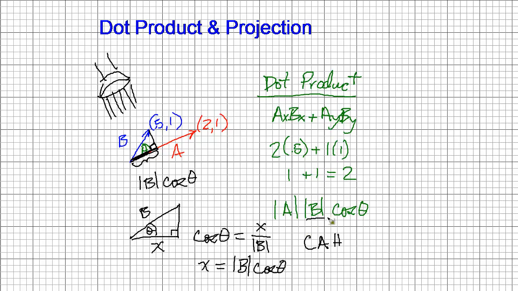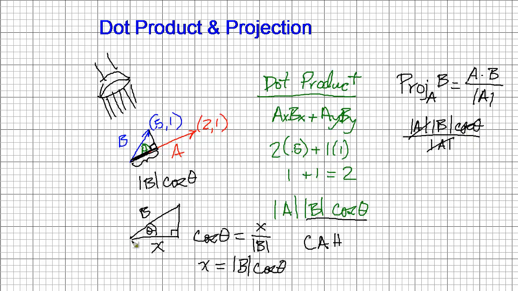Well, we kind of have that in here somewhere, but we've also got it multiplied by the magnitude of A. So in order to get the length that B points in the direction of A, we take, let's write this down, the projection of B on A, this is how we write it, equals A dot B over the magnitude of A, because that's the same thing as magnitude of A, magnitude of B, cosine theta over magnitude of A, and those cancel. That equals magnitude of B cos theta.